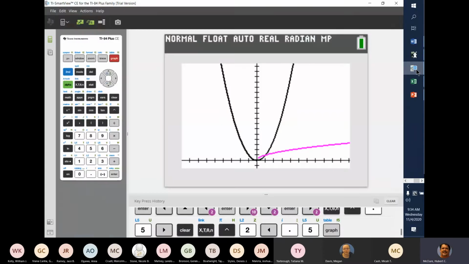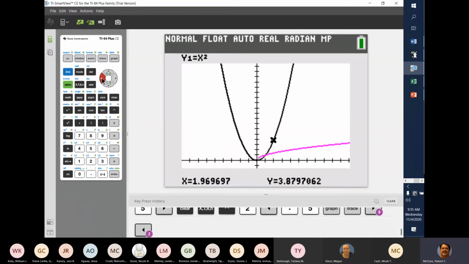So let's trace the first one. Let's find, all right, let's go to 1.96. That's close to 2. 2 and 4. Okay, if I put a 2 and a 4 right here, let's say this is 2 and 4.